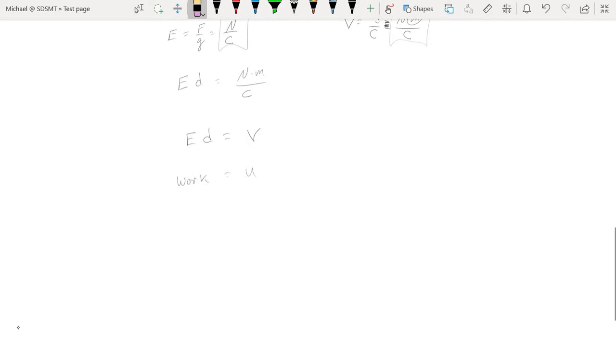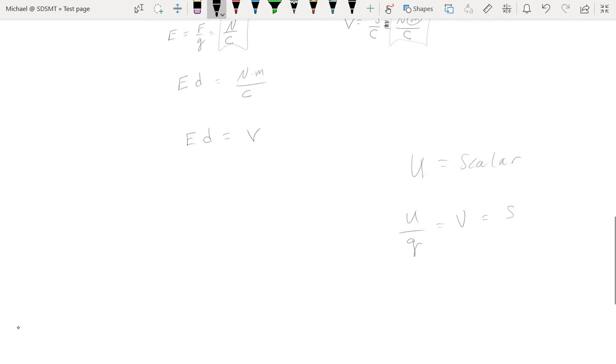The only thing that we're missing to make all of this work out right, keep in mind that potential energy and potential itself are both scalar quantities. Potential energy is a scalar, and we said that we were going to define electric potential as the ratio of potential energy to charge.